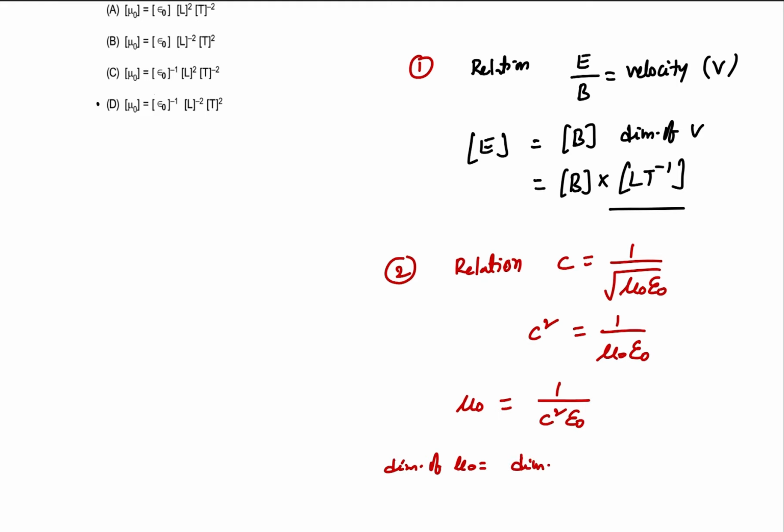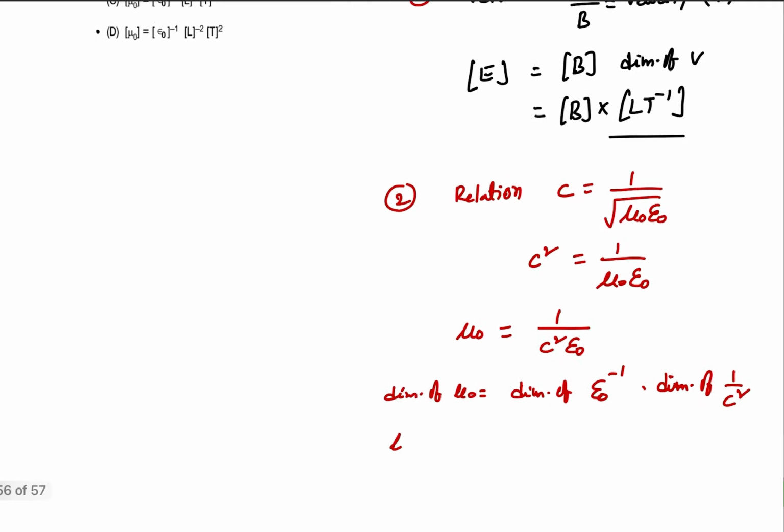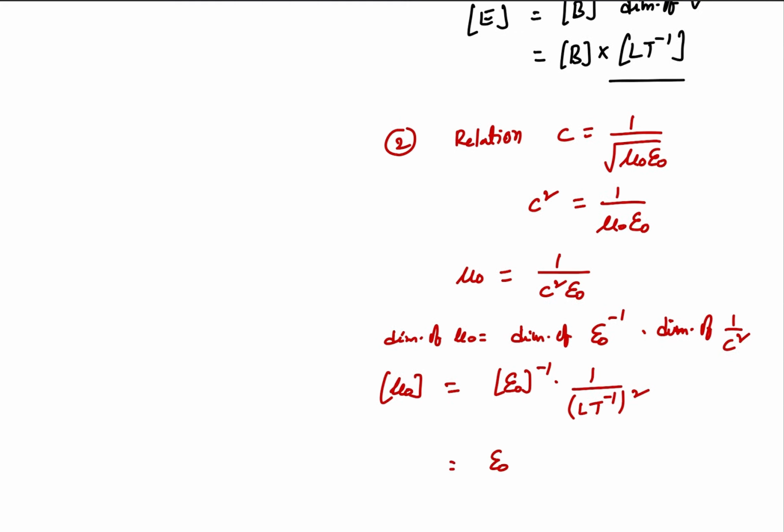So dimension of mu naught is equal to dimension of epsilon naught power minus 1 into 1 by C square, where C is LT power minus 1.